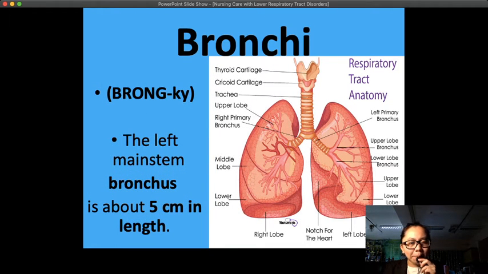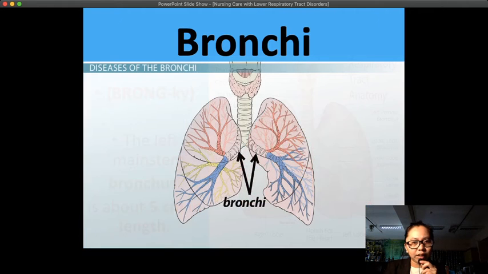Alright, so the left mainstem bronchus is about 5 centimeter in length. Okay, so always remember right primary bronchus 2.5 centimeter. So shorter. Left mainstem bronchus is 5 centimeter in length. So mas mahaba. Okay? So those are your bronchi.